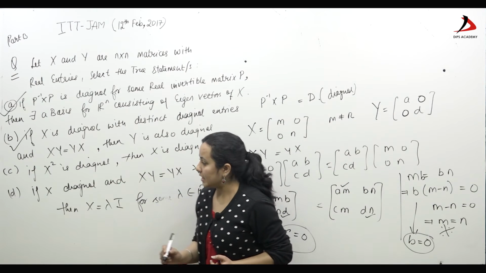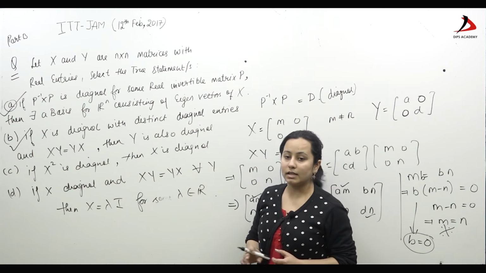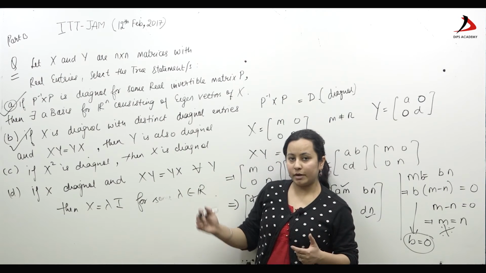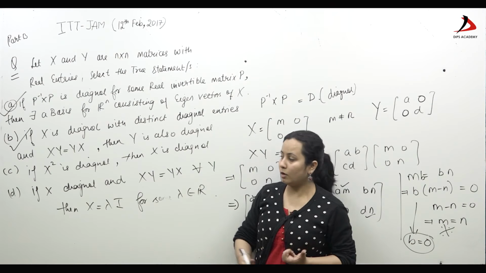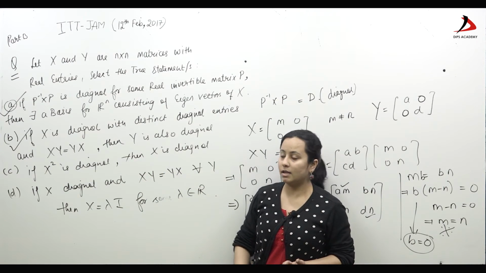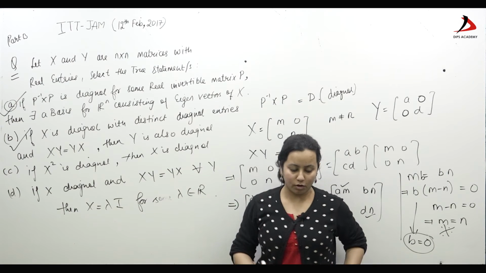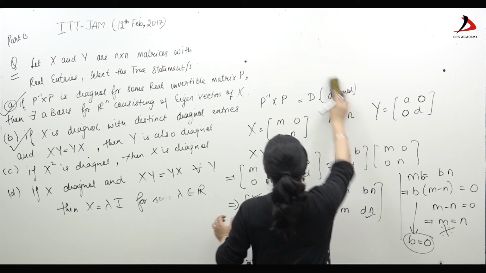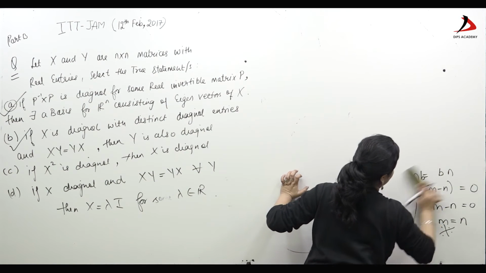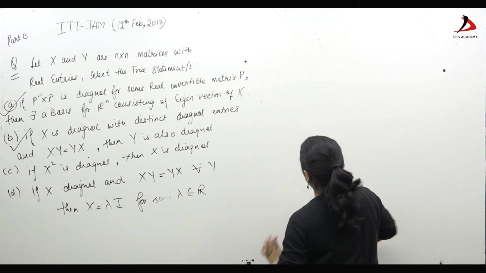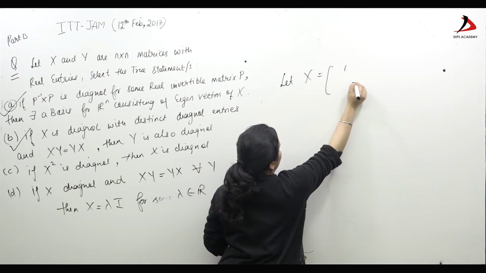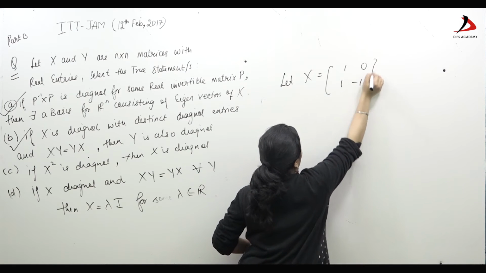The statement C says that if X square is diagonal, then X is also diagonal. Either we prove this statement, or if we find a counter example of X which is non-diagonal and X square which is diagonal, then option C will be false. Let X be 1, minus 1, 0, 1.